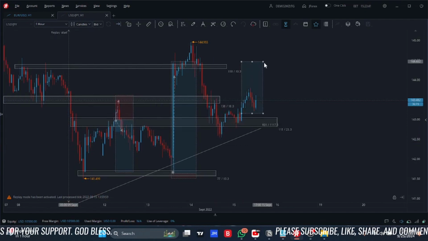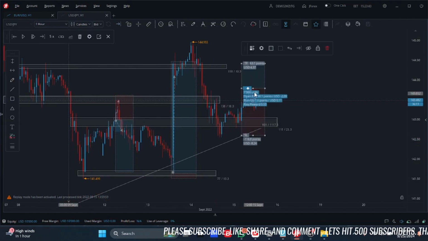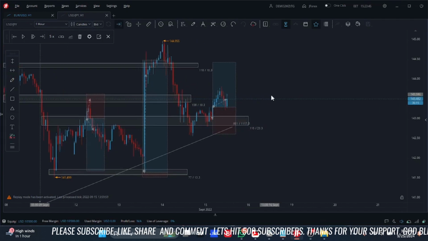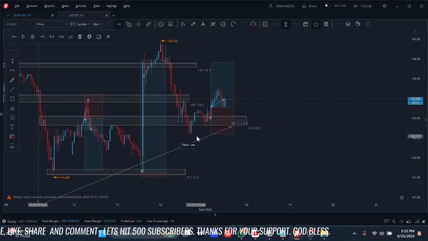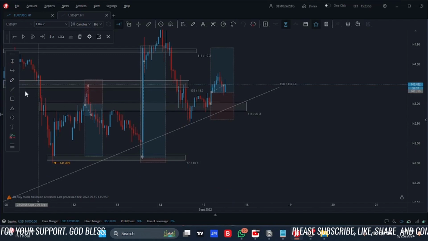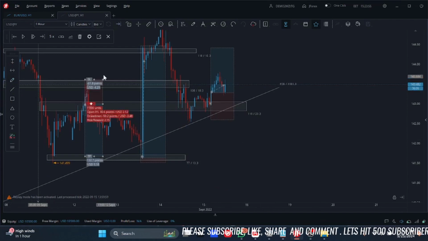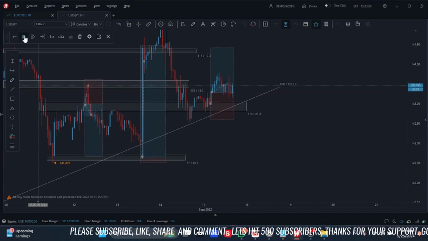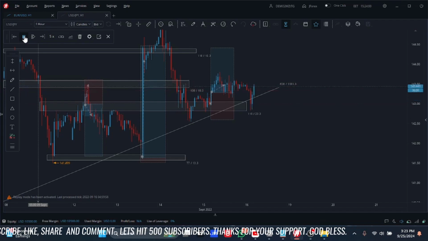Now price has broken that zone and retested. We are taking our buys from there and targeting the upper zones. As you can see, price is respecting that trend line.